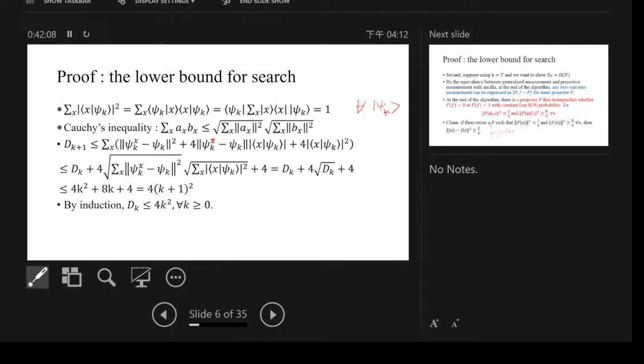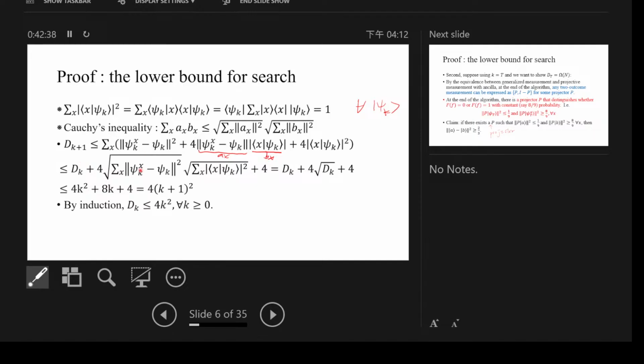So we have the sum over x, and this thing is a_x, and this thing is b_x. Let's write it here to be clear. Now we just write down the formula: square root of the sum over x of a_x squared, and square root of the sum over x of b_x squared.